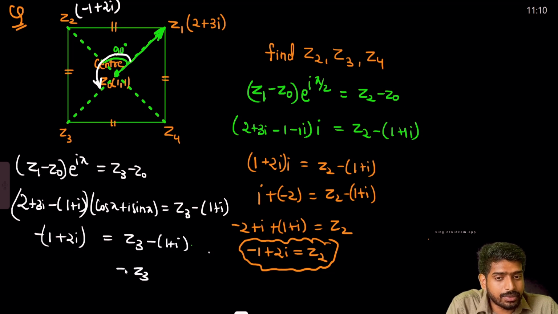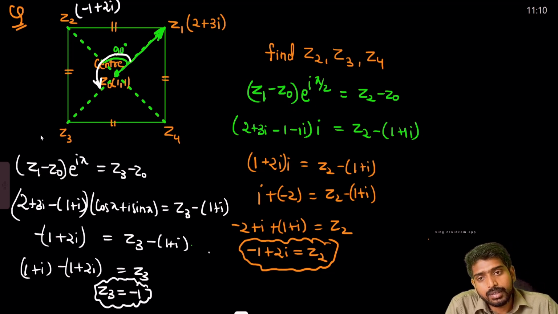So z3 value will be, send this 1 plus iota to that side. So 1 plus iota minus 1 plus 2 iota. So z3 from here will be 1 minus 1 cancelled, iota minus 2 iota will give minus iota. So z3 here will be minus iota. Got it? Now next, how to find z4?